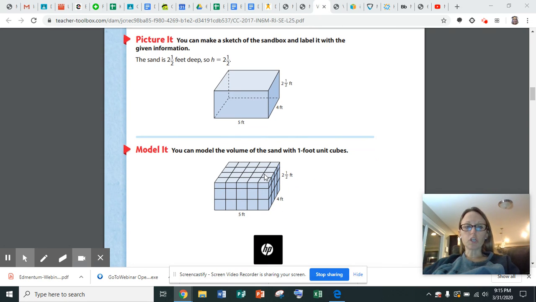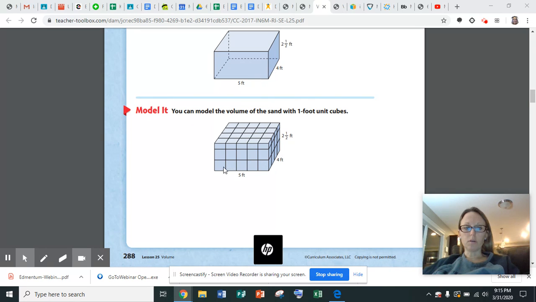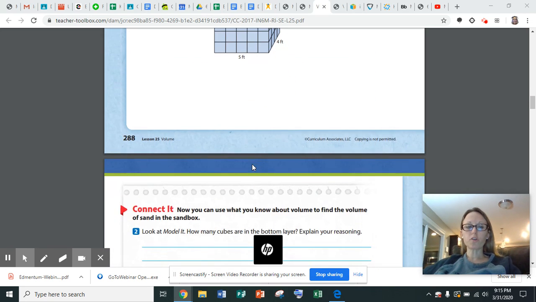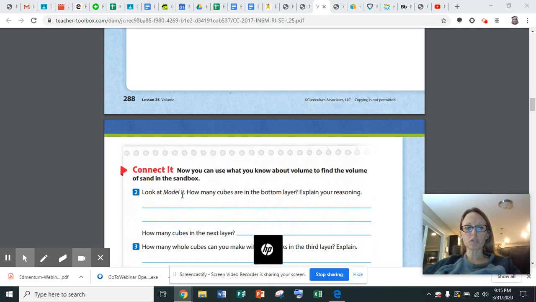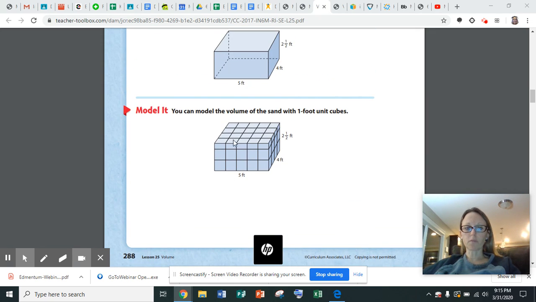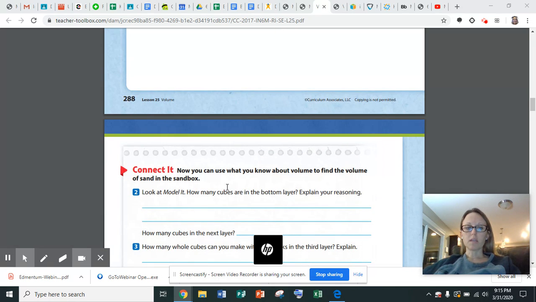Then I want you to look at this model where it has the individual cubes for you so you can see. Now remember from our lesson last week, the top and the bottom are the same. So this first question, number 2, says look at the model. So we're looking right here at this model. It says how many cubes are in the bottom layer? Explain your reasoning.